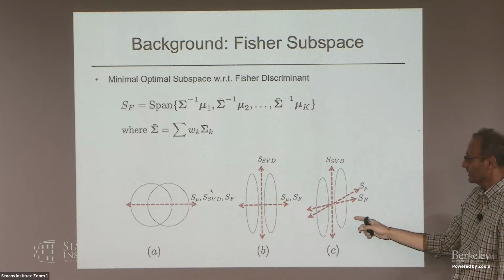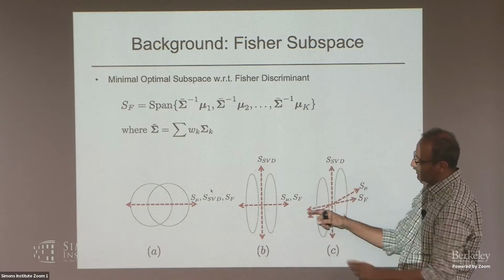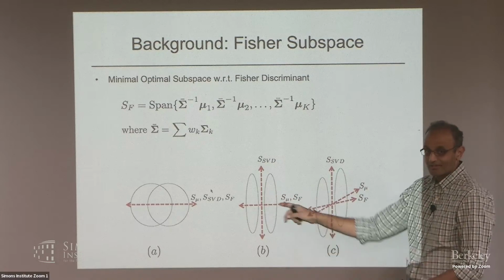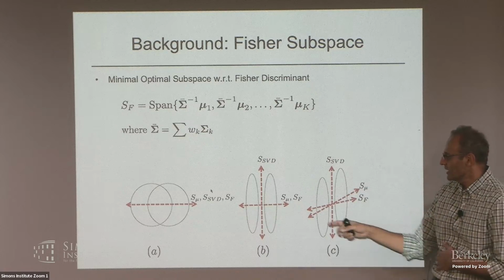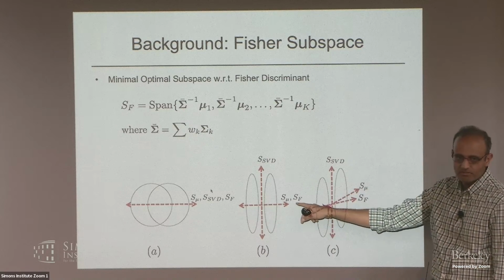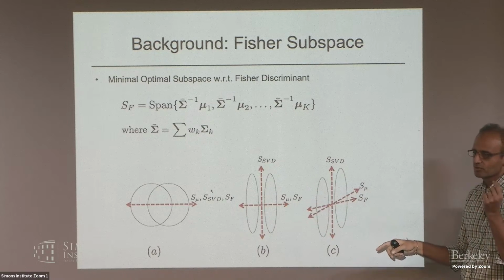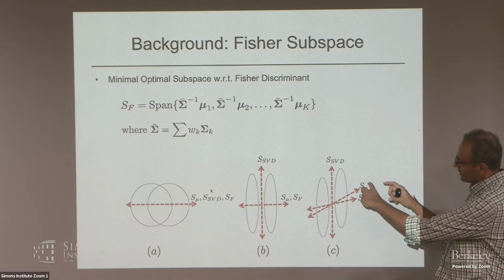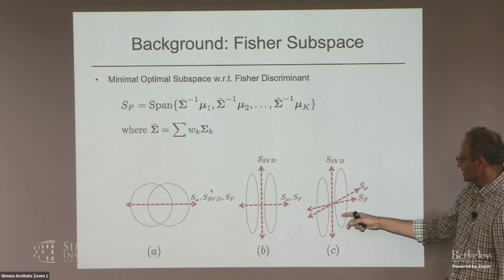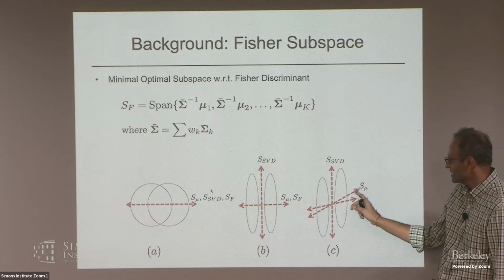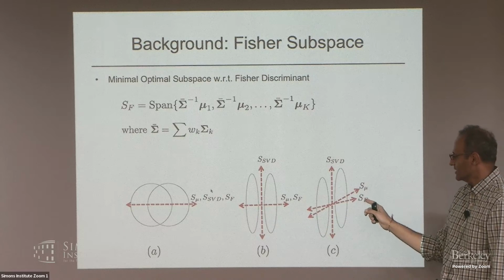In the parallel pancake example, if the two pancakes are exactly lined up, so that the bad direction is orthogonal to the direction between the mu's, then SVD gives the optimal subspace. S mu is the direction that goes through the centers. If the parallel pancakes are split a little up and down, SVD is still pretty bad. S mu, which goes between the centers, is actually not as good as S I.